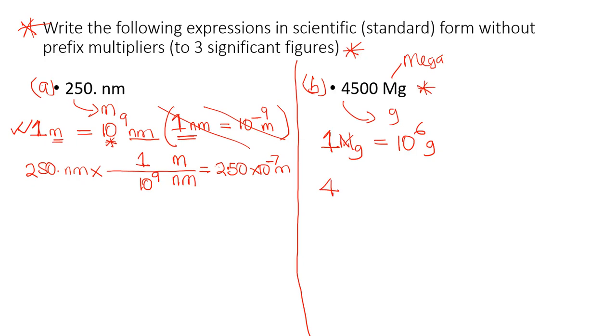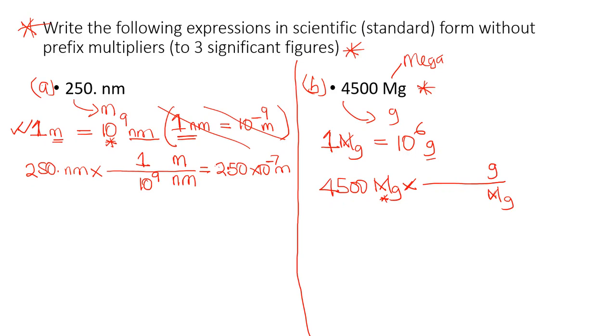So 4500 megagram, and then the multiplication sign, a line here. Because there is megagram here, I'm gonna put megagram down here, and then gram up here.